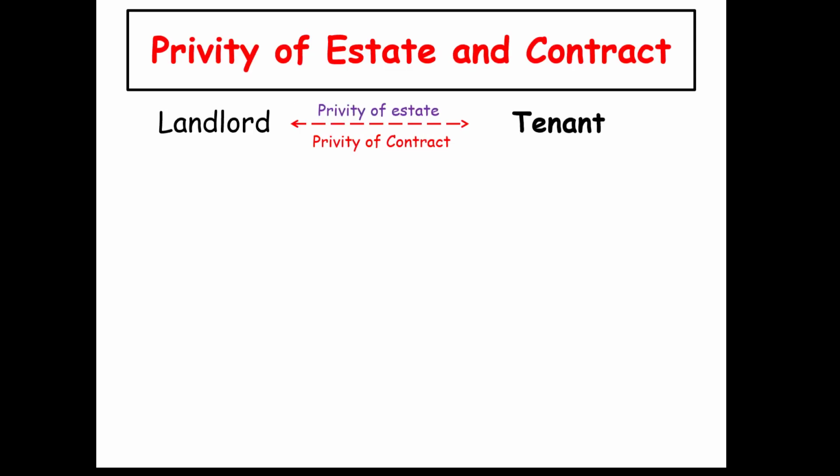We start, as we have every time, with a deal between a landlord and a tenant. There's a lease, a written lease that creates privity of contract, and the landlord delivers possession to the tenant, and that creates privity of estate. The tenant transfers their entire interest to the new tenant. That means that the landlord and the original tenant are no longer in privity of estate because the tenant has assigned all of their interest to the new tenant.